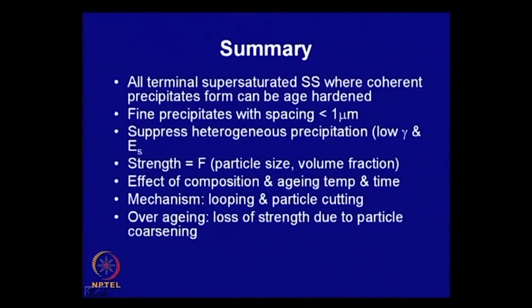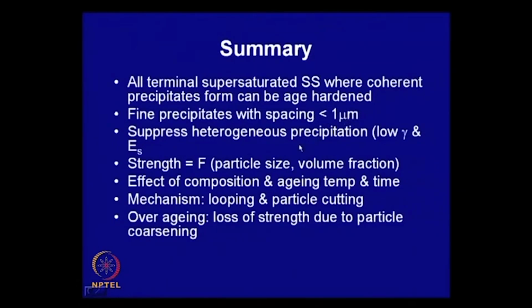So, to sum up what we looked at, we understood that a terminal supersaturated solid solution where coherent precipitates form can be age hardened, and you need very fine precipitate to get precipitation hardening, and the magnitude of that spacing is of the order of 1 micron.